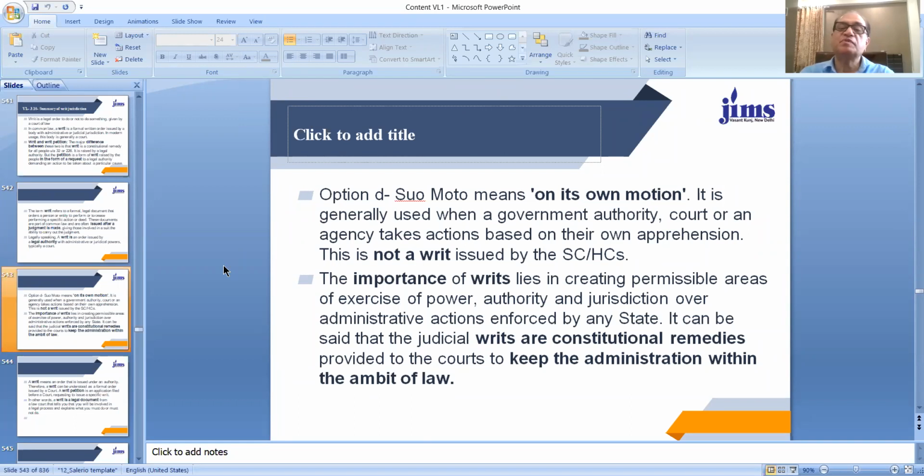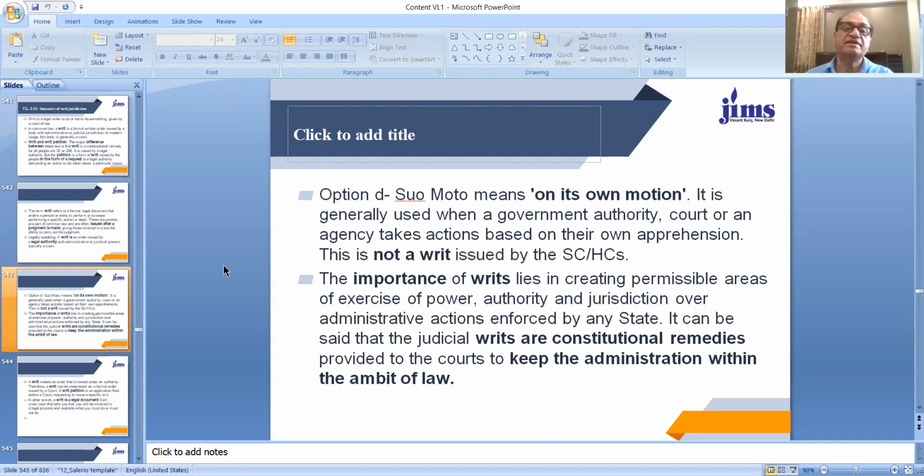You must have read in the newspaper today that Supreme Court of India, then Delhi High Court, then Allahabad High Court, Madras High Court, and other high courts have taken cognizance of COVID emergency in our country on their own motion. Nobody filed a writ before the high courts or before the Supreme Court, but when there is a national emergency, courts have taken cognizance of COVID-19 emergency on its own motion.